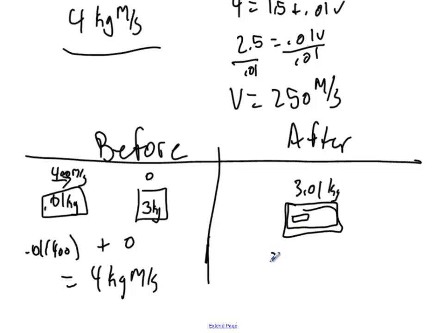So now I have 3.01 times whatever velocity these two things have, right? Because if the bullet didn't come out of the block, the two things are stuck together. They're traveling with the same speed. So all I have to do is say 4 is equal to 3.01 v, divide both sides by 3.01, and we see that this thing has a velocity of about 1.3 meters per second.